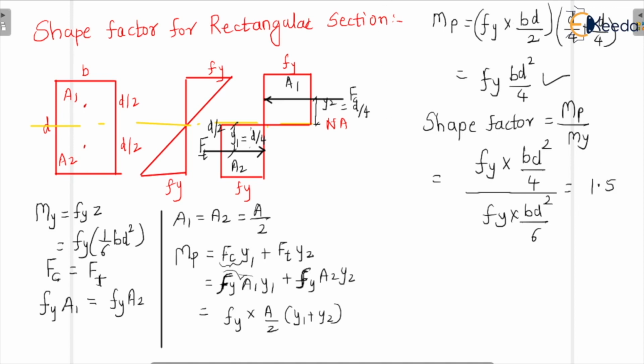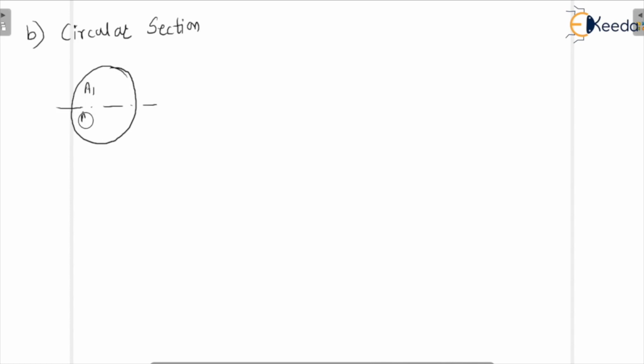Similarly, in a similar way we can calculate the shape factor for the circular section. So here, if you draw a circle, then again you divide it into two parts, which we will show as A1, A2.